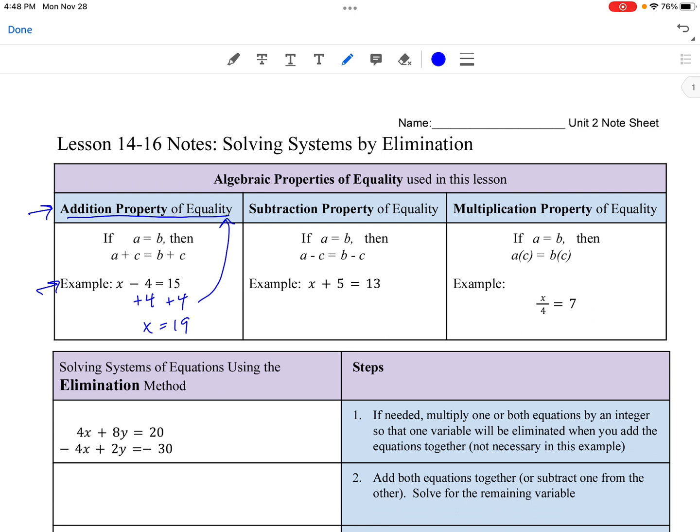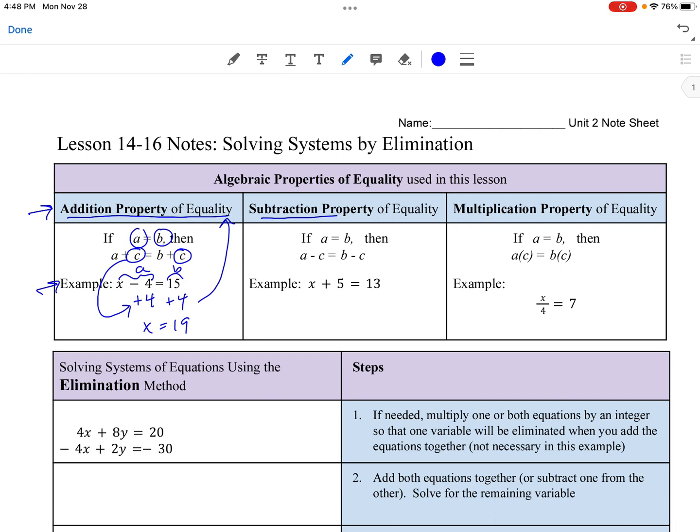It says that when A equals B, then you can add the same thing to both A and B, and both sides of your equation are still equal. In this case, the C that we added, the same thing, was 4. We added 4 to both sides, and it still made an equal equation.